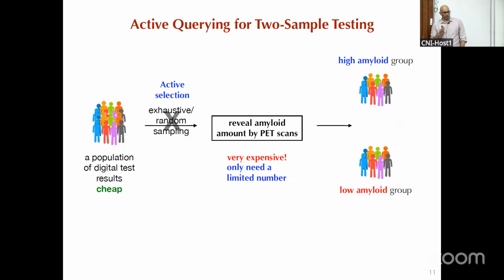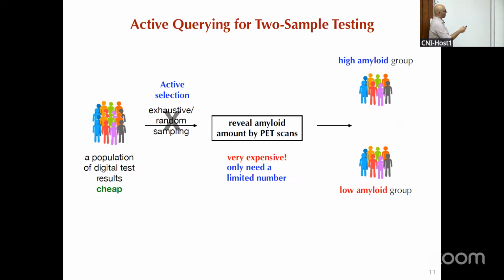And this has connections to active learning, except it's a somewhat dual version of active learning. So you do some sort of active selection to carefully pick a bunch of people for whom you would like to do this sort of revelatory PET scan, okay?